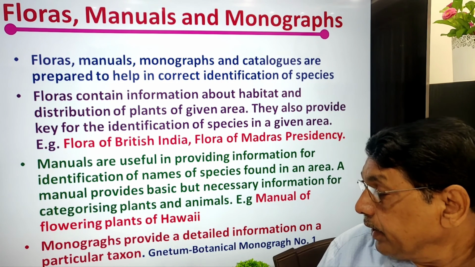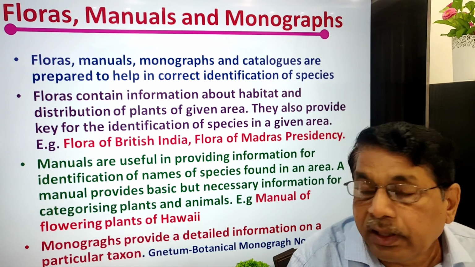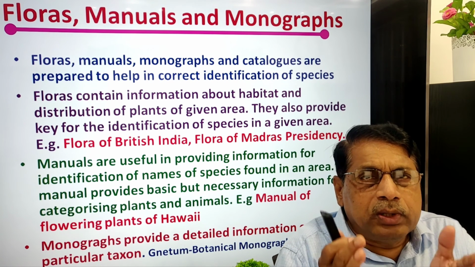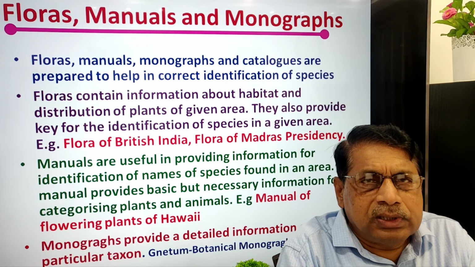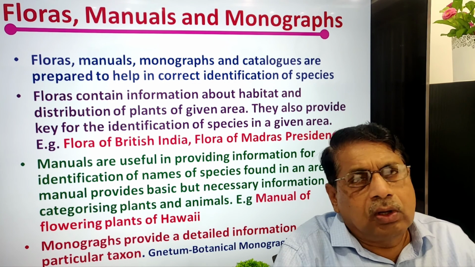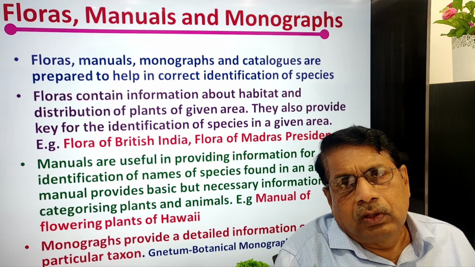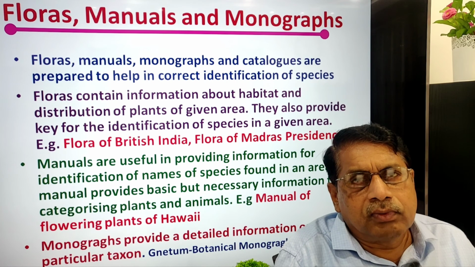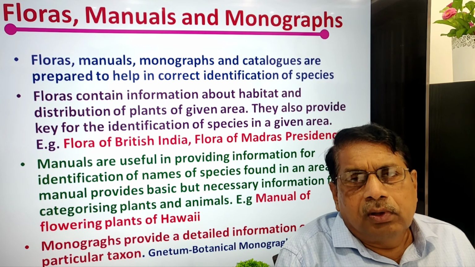Monographs provide detailed information on a particular taxon. Monographs describe a particular species, a particular genus, or a family, not all. Monograph of Chlamydomonas, monograph of E. coli, monograph of earthworm.